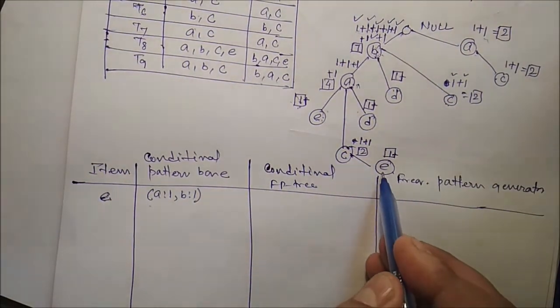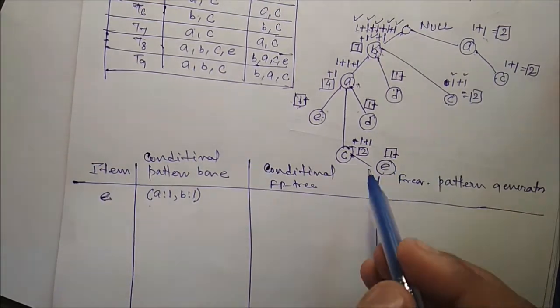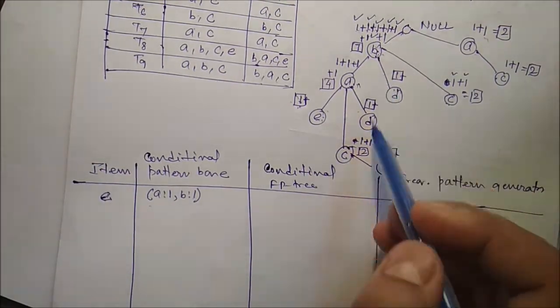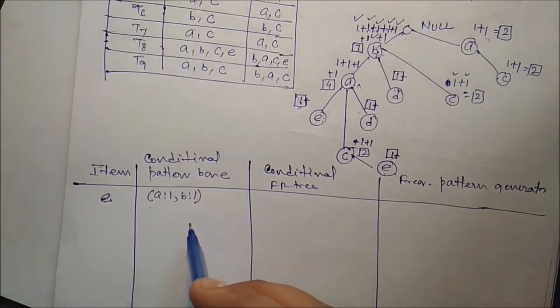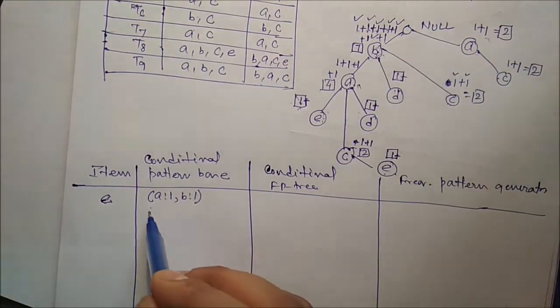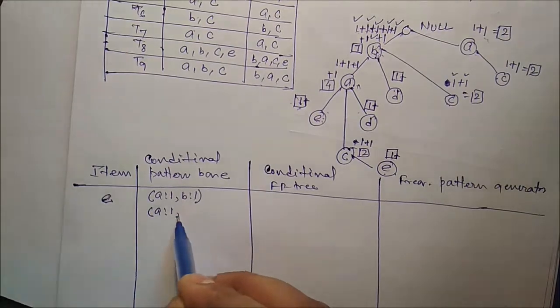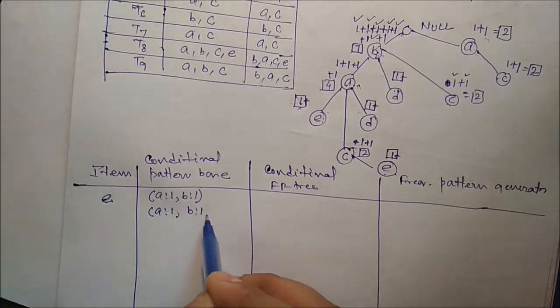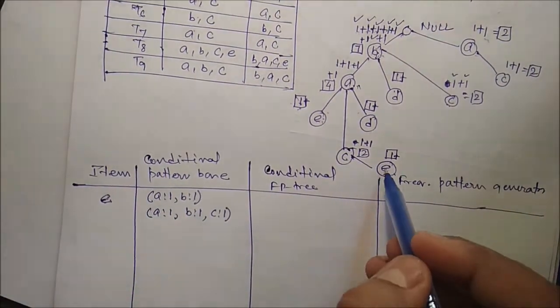Similarly, another E is there. It is a single E, so there must be one path for this one, CBA. So we can write A1, B1 and C1 for this particular path.